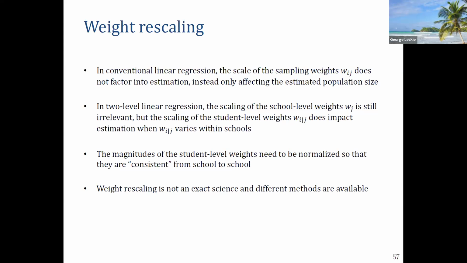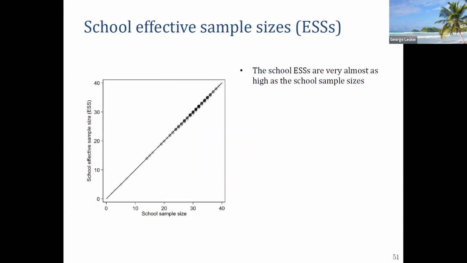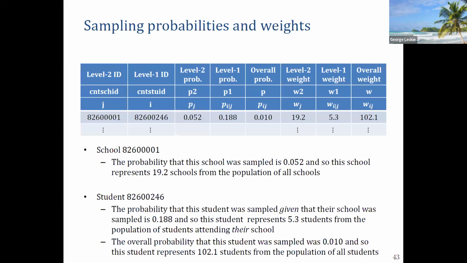What people say is that the student level weights, because that's where the scaling matters, not the school weights, need to be normalized in some way to make them consistent from school to school. Essentially, as you make those conditional weights higher and higher, if you multiplied them by 2, 3, 4, 5, the various components get biased.